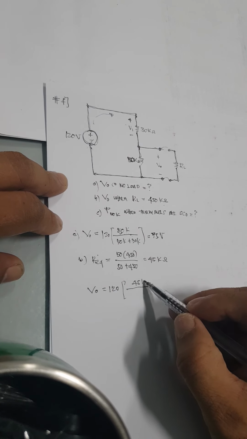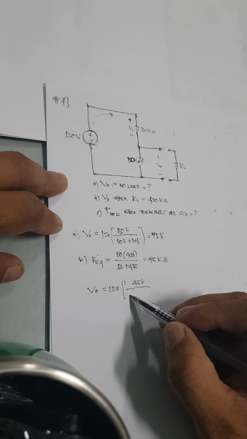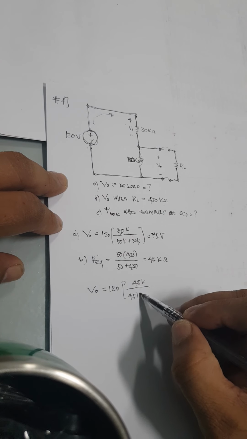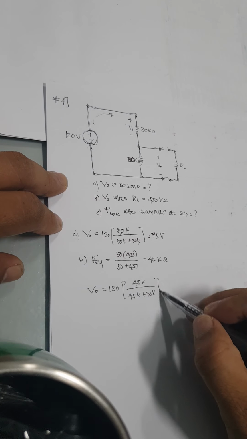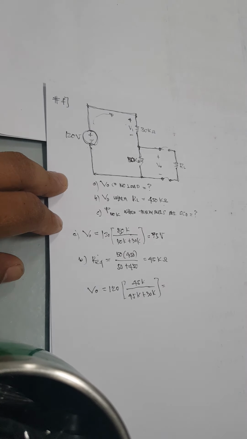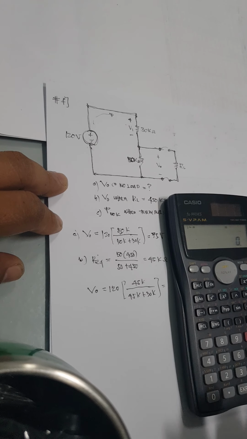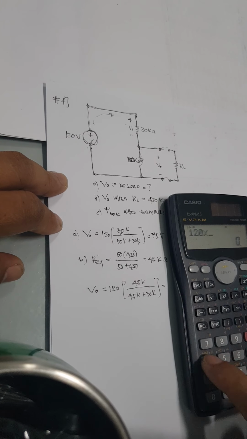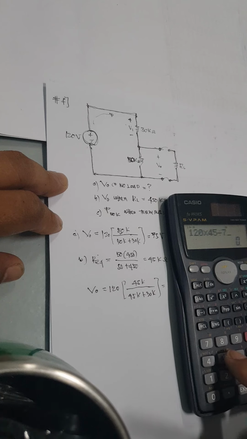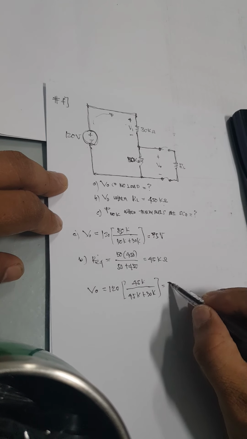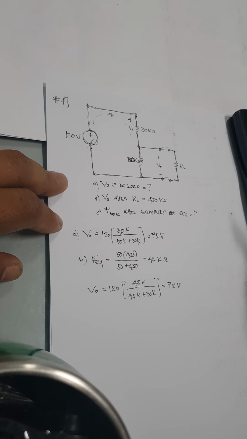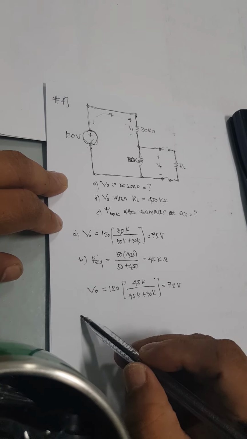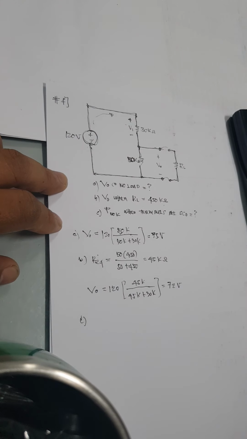So 45 kilo, then this is 45 kilo plus 30 kilo. So kilo will cancel. So what should now be the answer? 120 times 45 divided by 75. The answer is 72 volts. So you were able to solve letter B. Let us go to letter C.